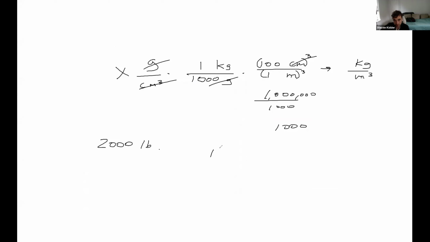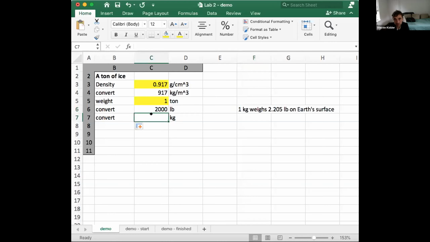It's going to be the number of pounds per kilogram. We were told it was 2.205. So I take the 2,000, I divide by that number. Then the pounds cancel and I get kilograms. So I say this equals 2,000 divided by 2.205. So there we have how many kilograms is a ton.